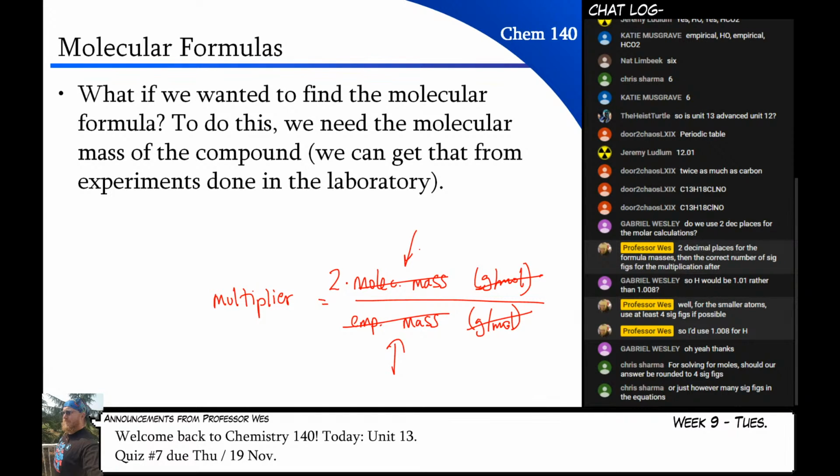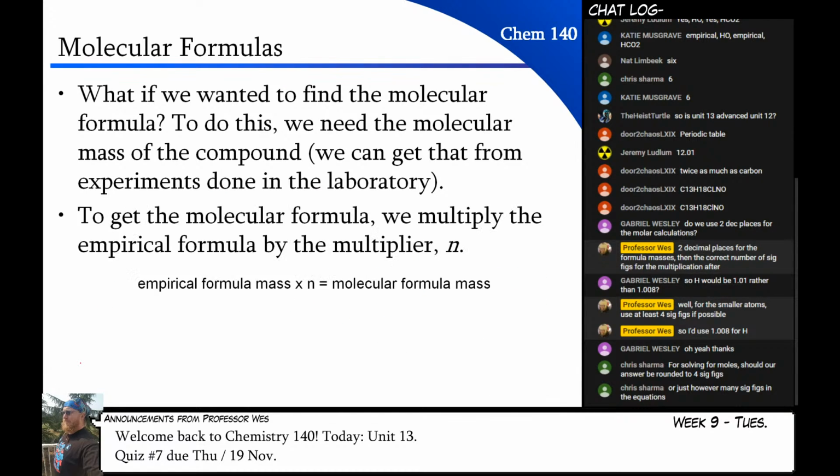Like, a problem might be, determine the empirical formula, and then if the molecular mass is 79.8, what is the molecular formula? Something just like that. So that's what we're going to do. There's the formula again, in case you wanted it printed a little neater.